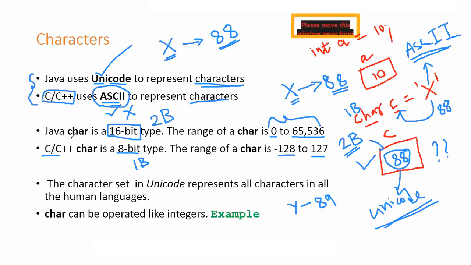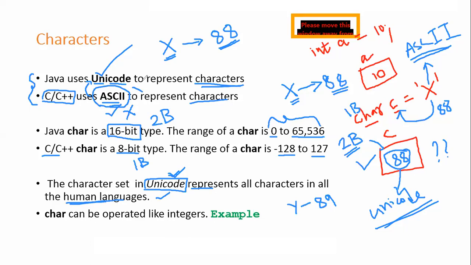So why did they move from ASCII to Unicode? Unicode represents all characters in all human languages. Suppose I want to represent a character in Latin, I can do it with Unicode. If I want to represent a character in Japanese, I can do that with Unicode too.